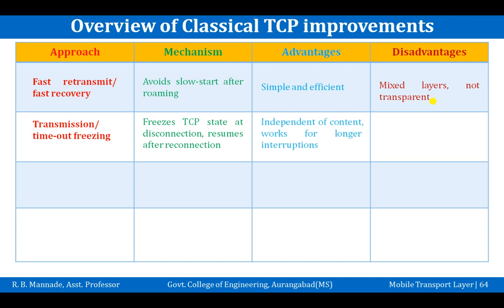Its advantage is it is independent of the content. It means this particular technique doesn't need any acknowledgements or other old TCP mechanisms, and it works for the longer interruptions. If there are longer disconnections, then it is well suited.